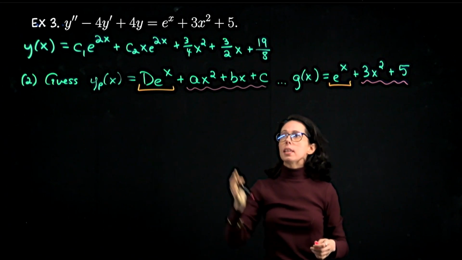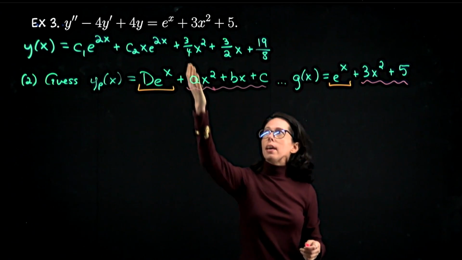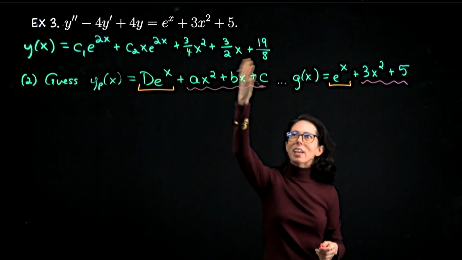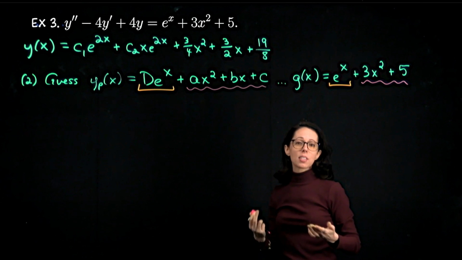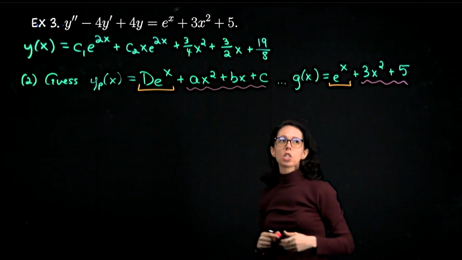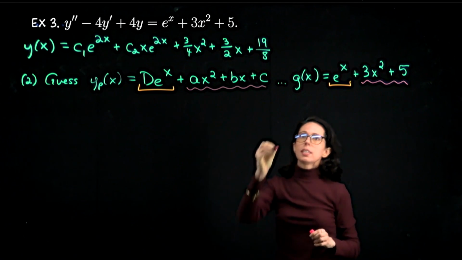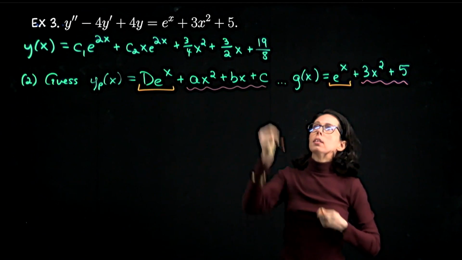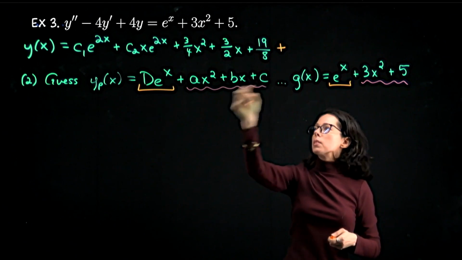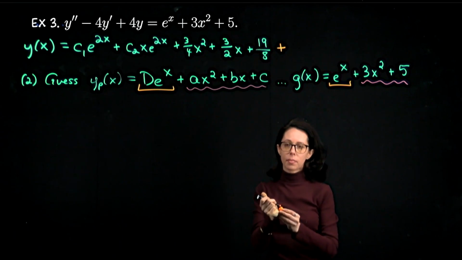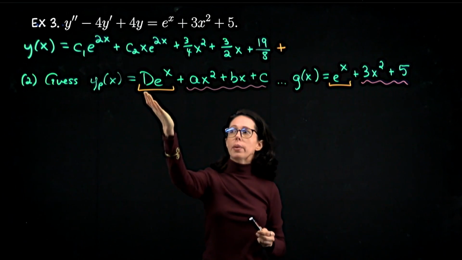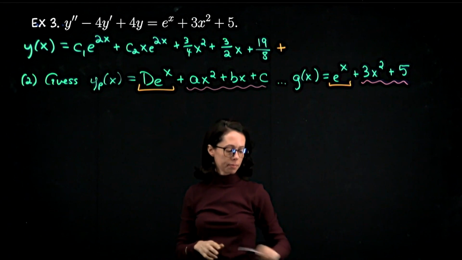So what this means is that the work we did to say that 3/4 x squared plus 3/2 x plus 19/8 gives us the particular solution when the forcing function just looks like 3x squared plus 5, that's still going to work here. We just need to add some multiple of e to the x. So we just need to work with this and this.